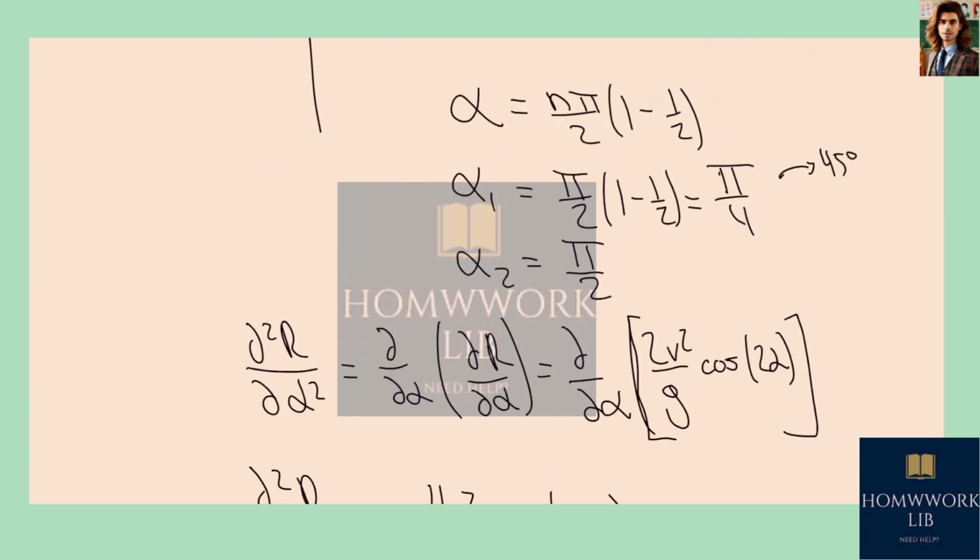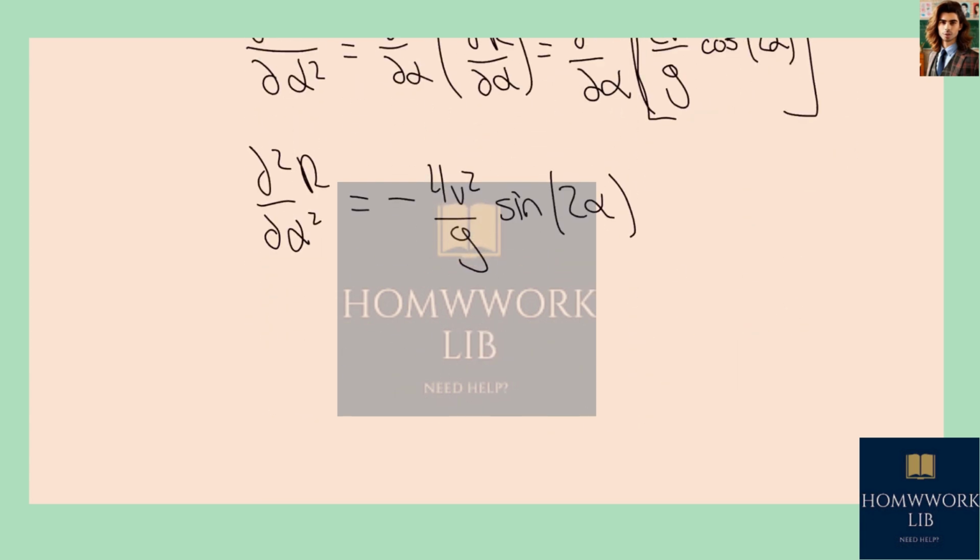Now for the two values that we collected, alpha 1 and alpha 2, we evaluate which one it is. For alpha 1, this becomes minus 4 b squared over g sine of 2 times pi over 4, which is minus 4 b squared over g sine of pi over 2.